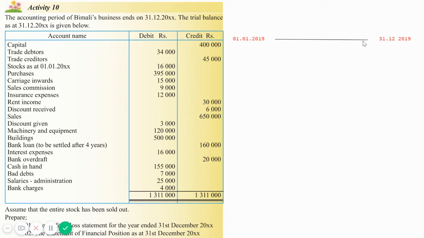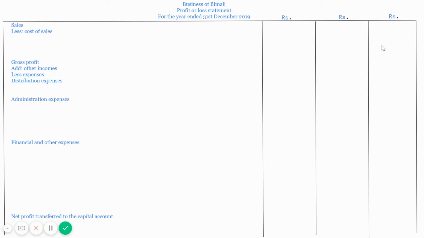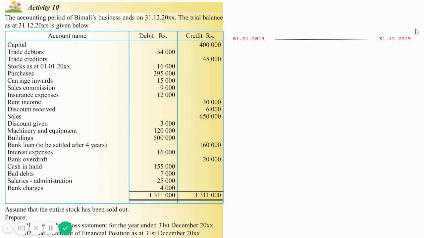On the day before and the day after, the values of assets, equity and liabilities will change. So the requirement is to prepare the statement on this particular date, 31st December, right?